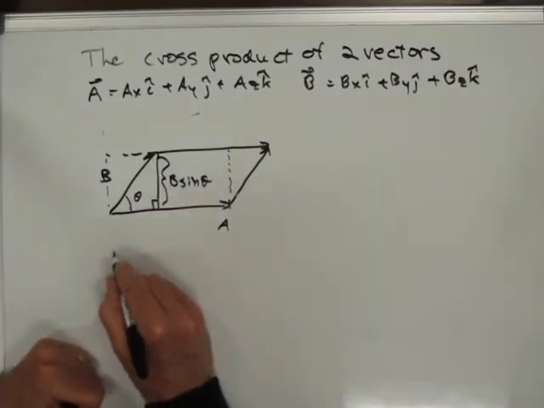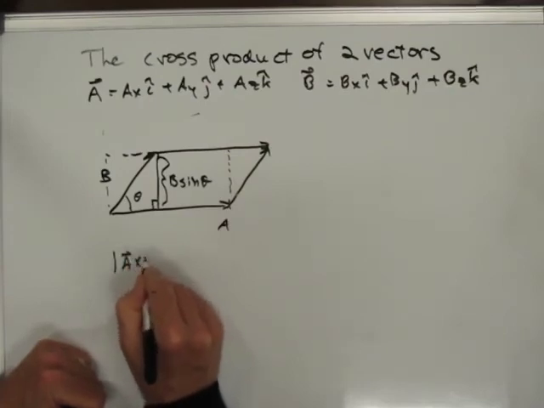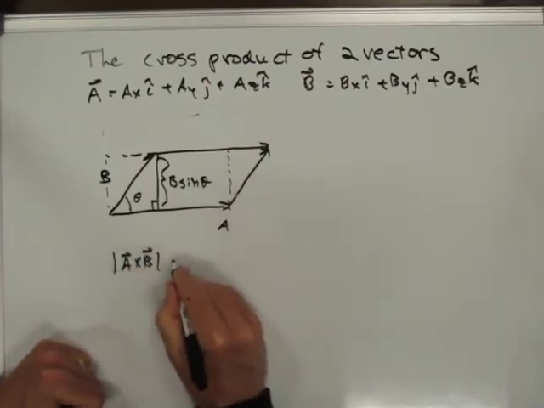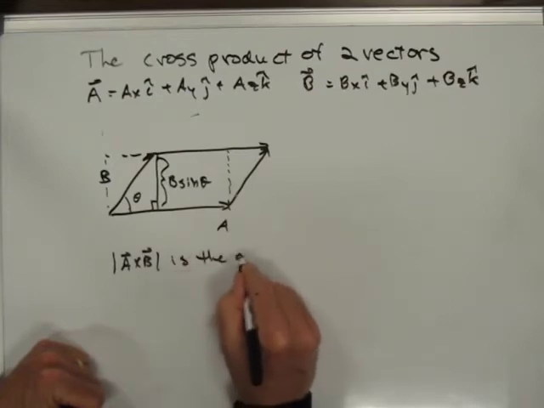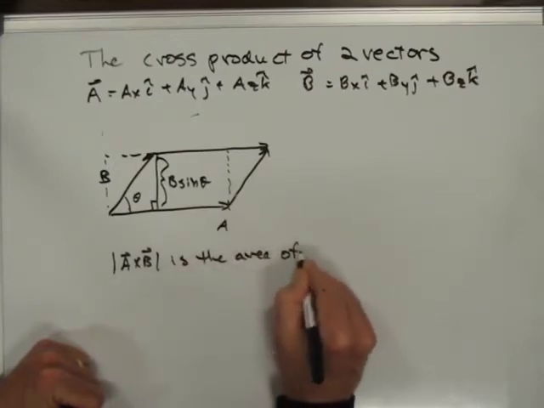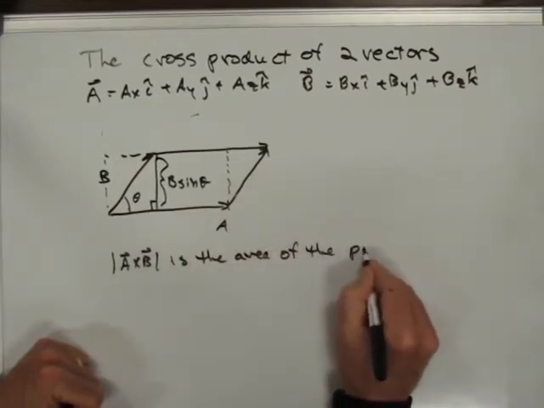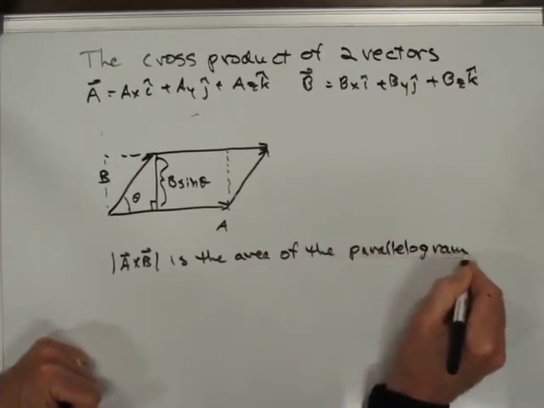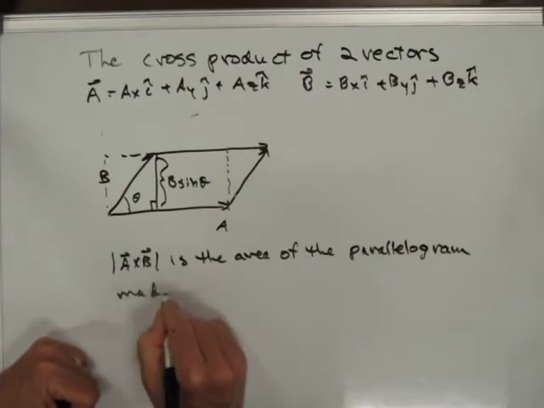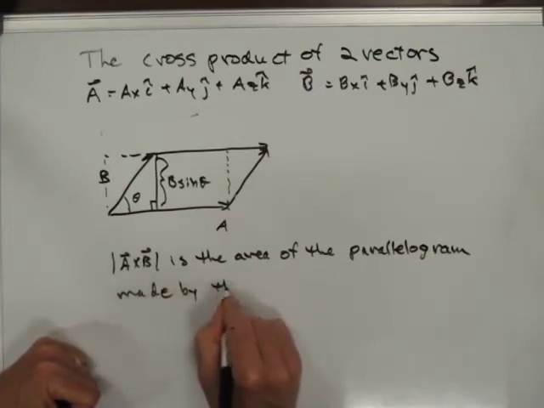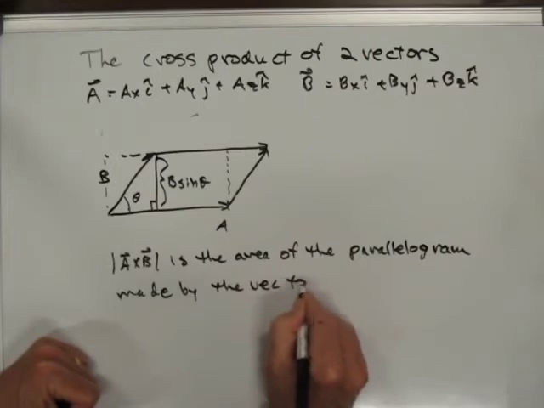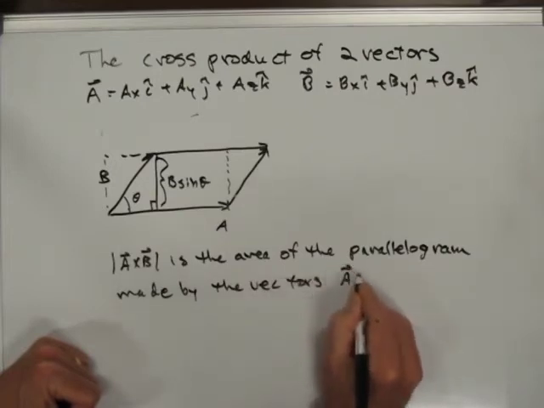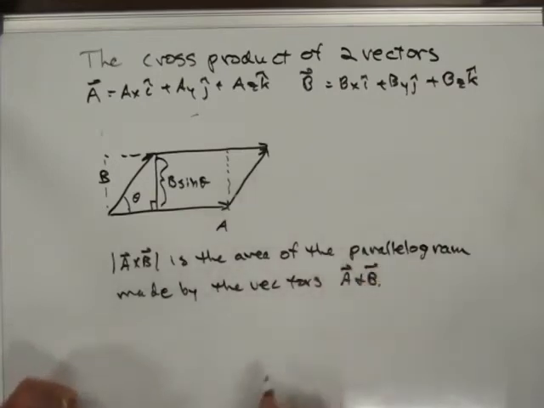And so the magnitude of A cross B is the area of the parallelogram made by the vectors A and B.